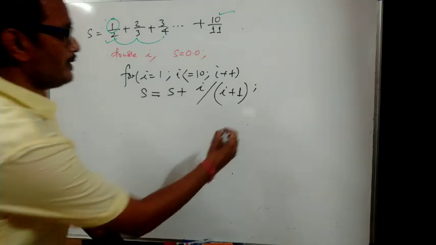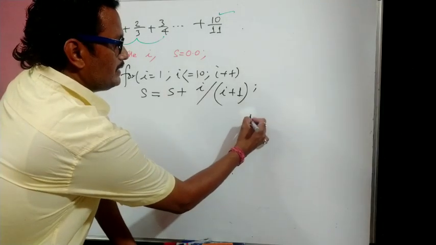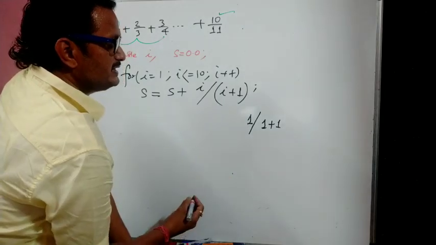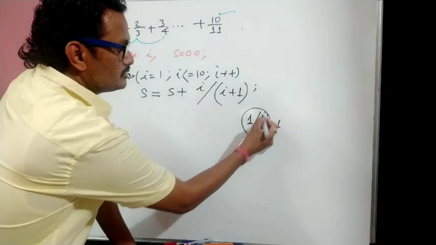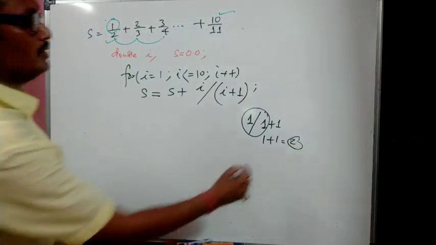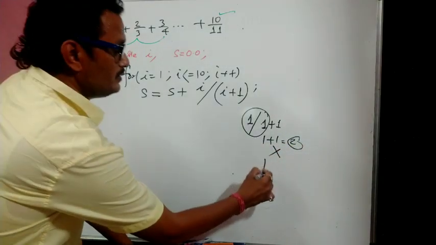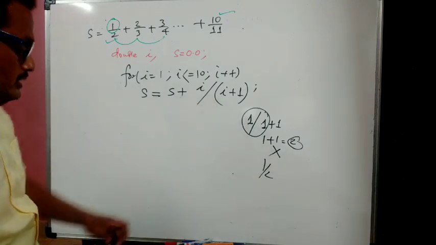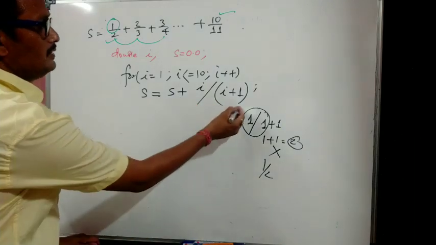If you do not use brackets, suppose the value of i is 1, this is 1 plus 1. As per precedence of operators, the division will work first. So 1 by 1, plus 1, your answer will be 2. That is the wrong thing. Your answer must be 1 by 2. So as per precedence of operators, you have to use the bracket.